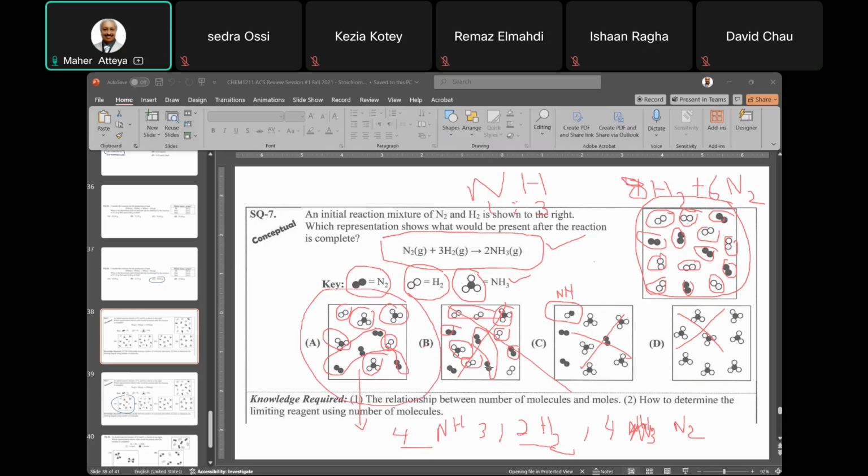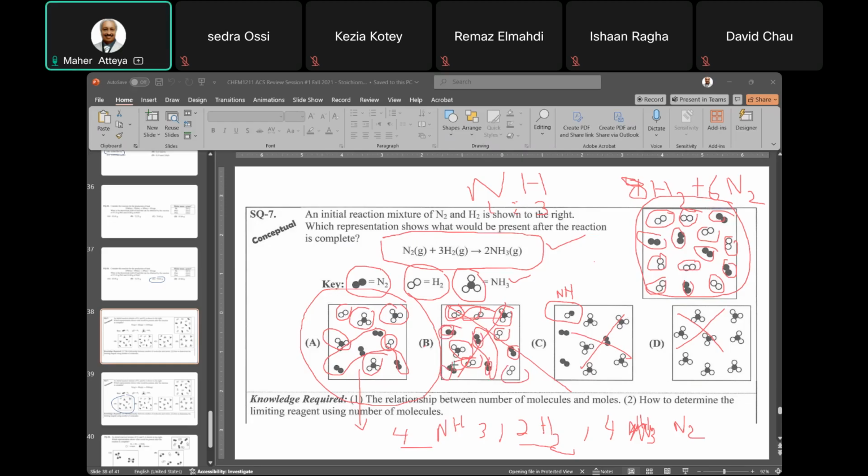Here it is telling you that they are almost identical. That's not true. You have 1, this is hydrogen, 2, 3, and 4. And you have the same thing: 4 hydrogen molecules and 4 molecules of nitrogen. That's a 1 to 1 ratio. That's not true.